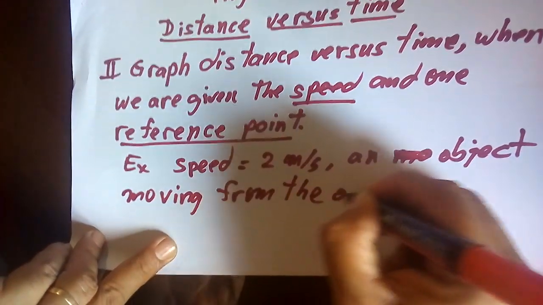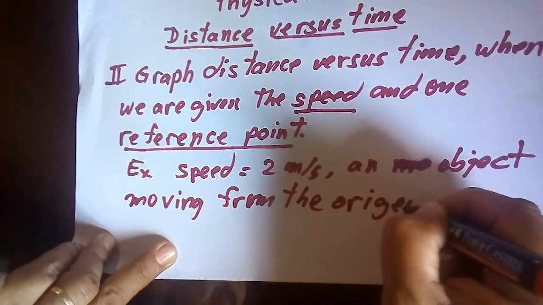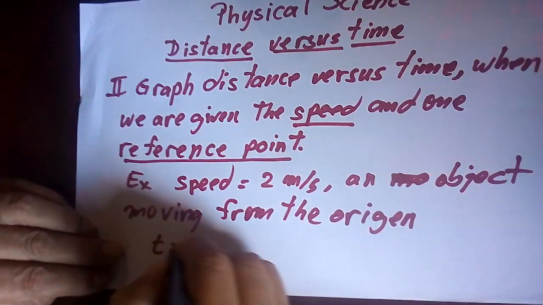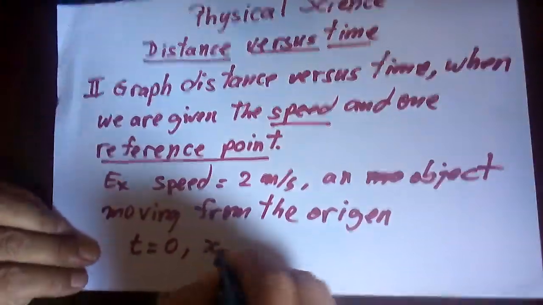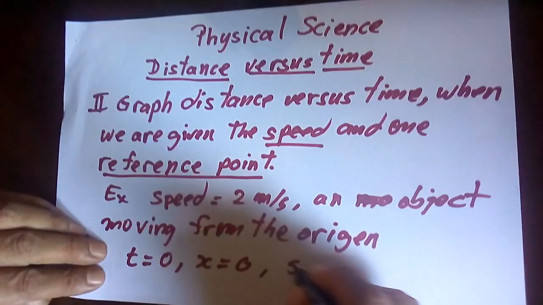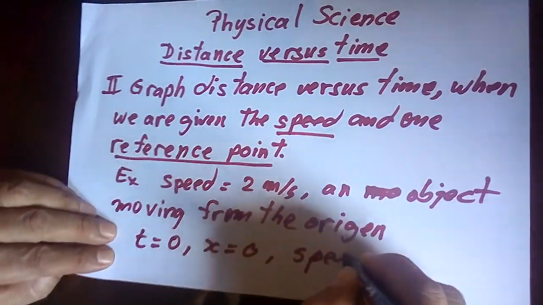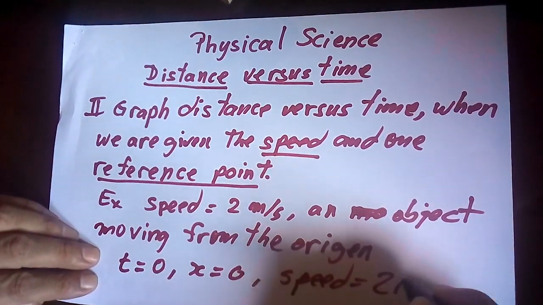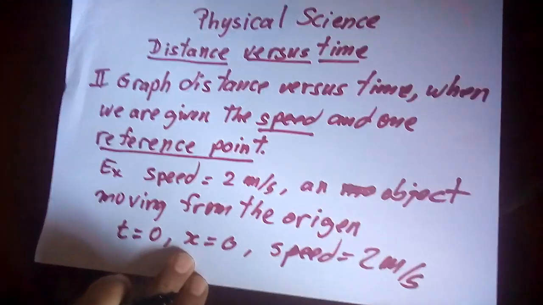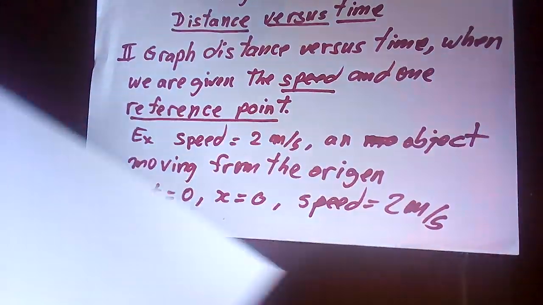When we say the object moves from the origin, we mean that when time is 0, x, the position, is 0. And we're given that the speed is 2 meters per second. So we're given the initial point and the speed. So what do we do with that?